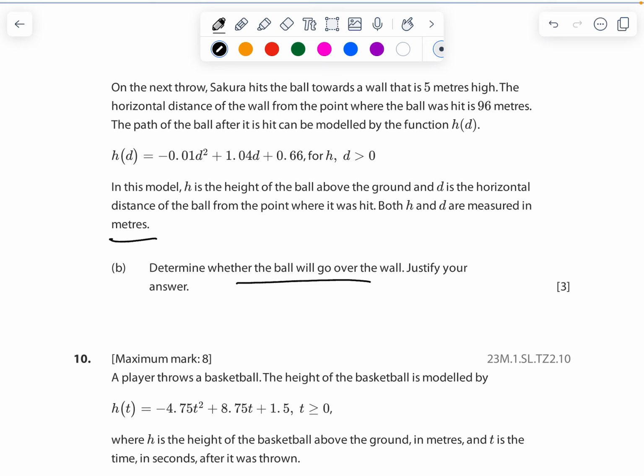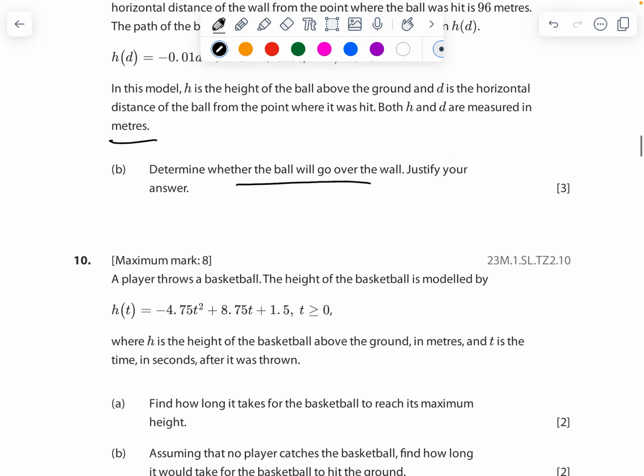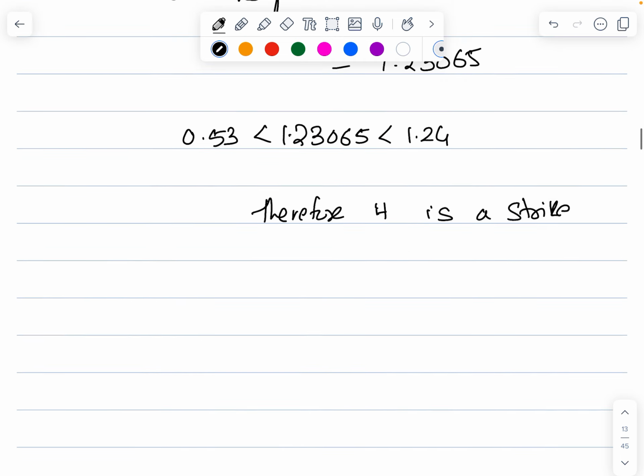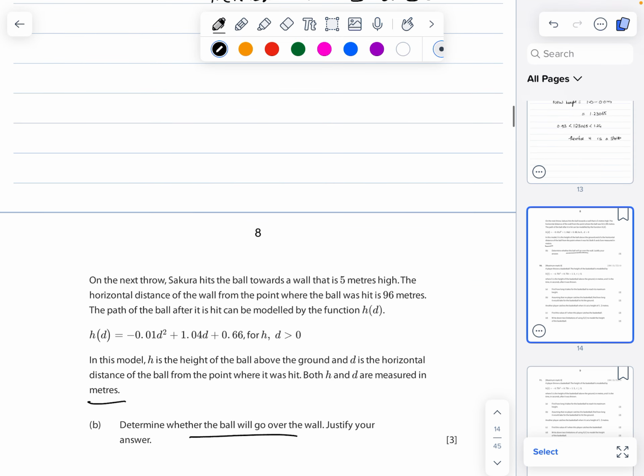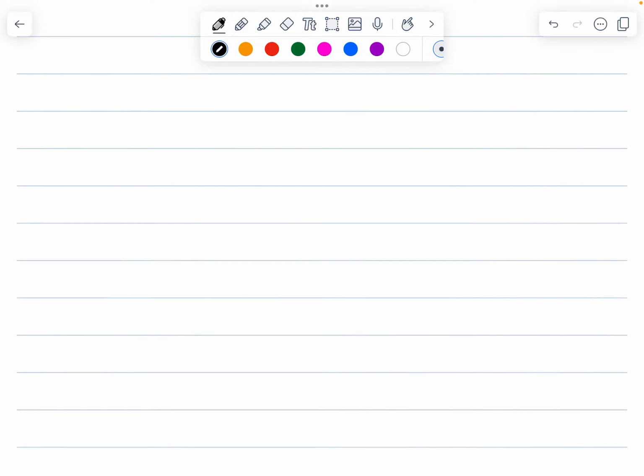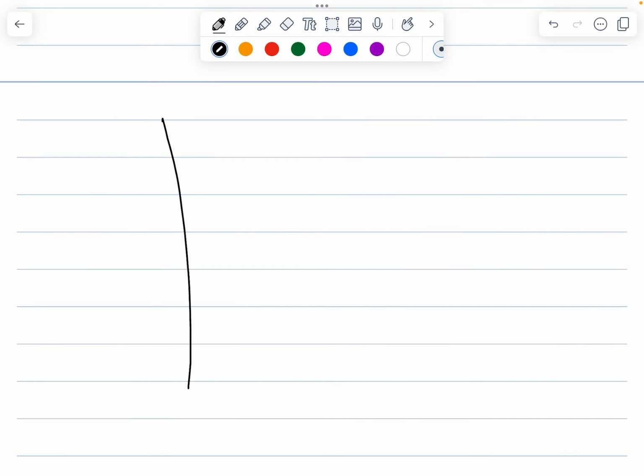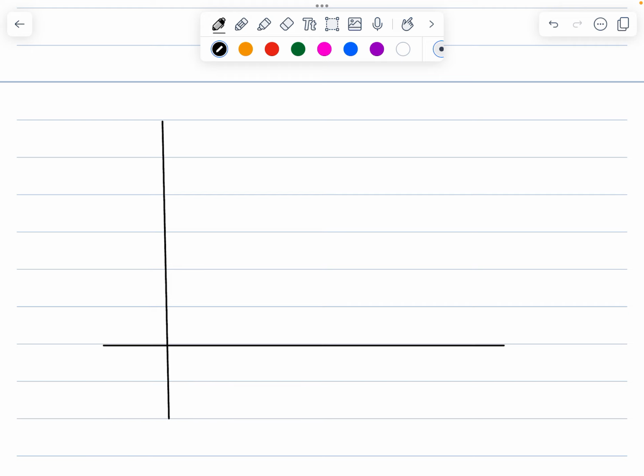So basically what is happening is we have to understand the picture in this diagram. How does it look? It's been thrown, and the ball always follows a parabolic path.